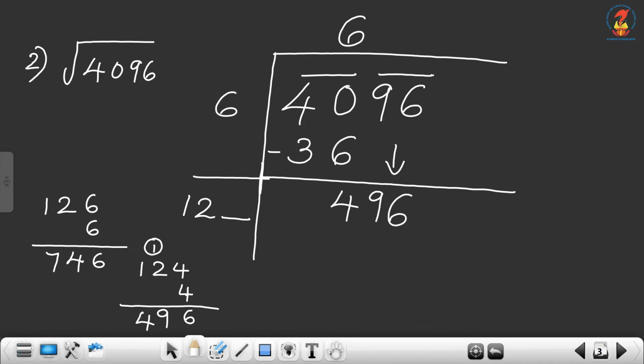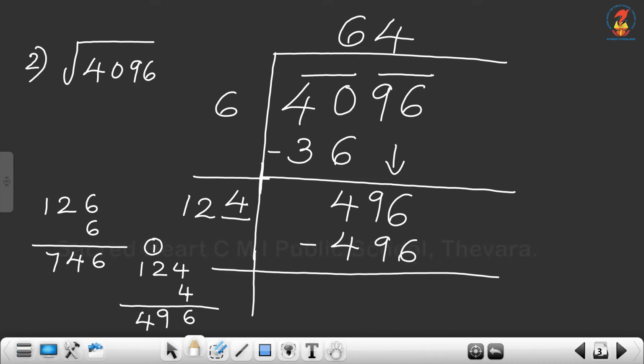Therefore 124 into 4, we got 496. So the new digit is 4. Write down the same digit in the quotient also, so that 124 into 4 is equal to 496. Subtract, the remainder is 0 and no more digits are left there.